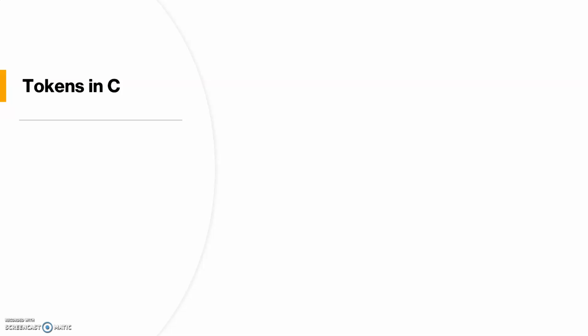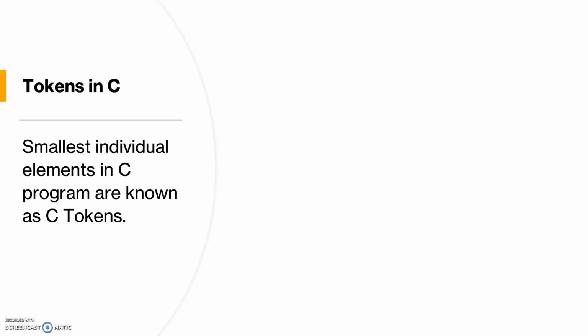Today's lecture is a completely theoretical lecture where we will be learning about what C tokens are. Normally, in an English paragraph, each individual word and punctuation mark is a token. Here also, in the C programming language, whenever you write a C program, the individual elements of that program are referred to as C tokens.